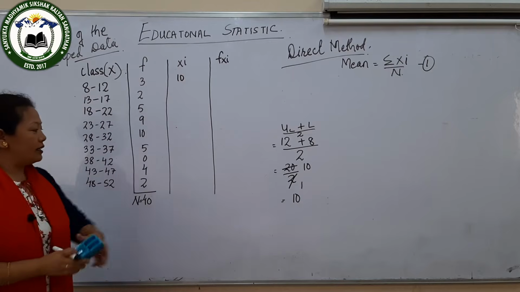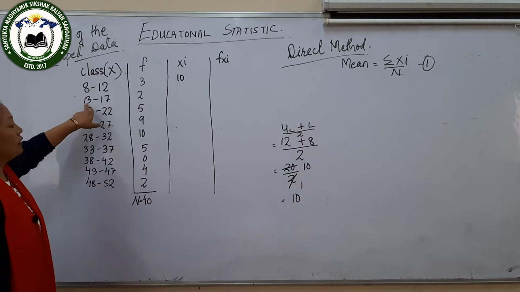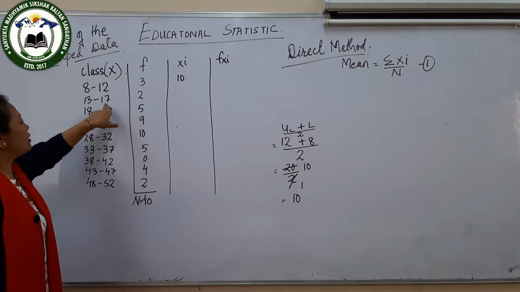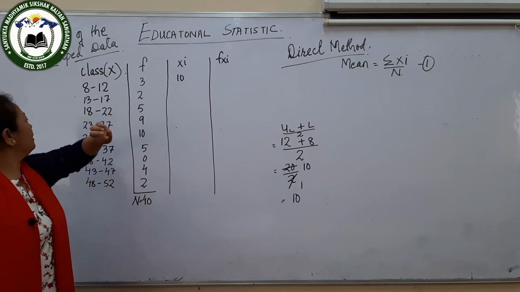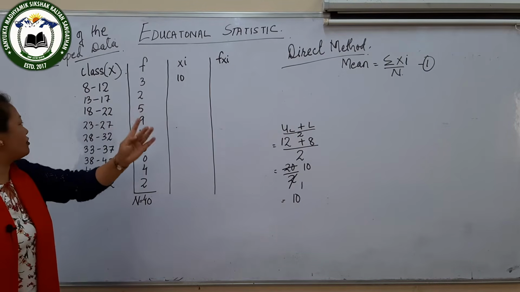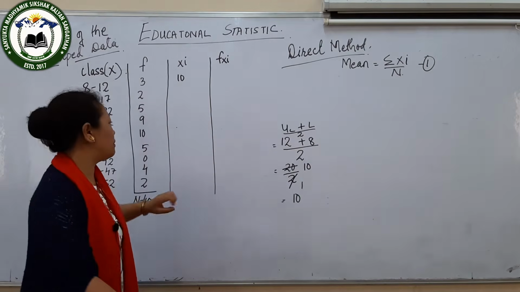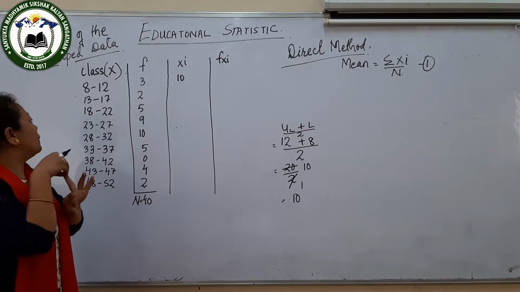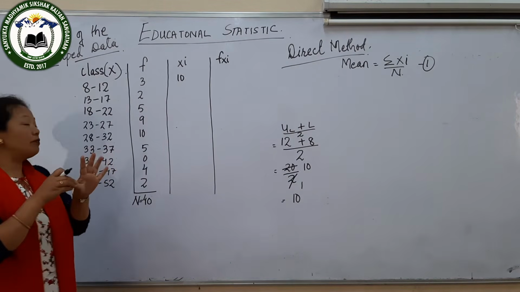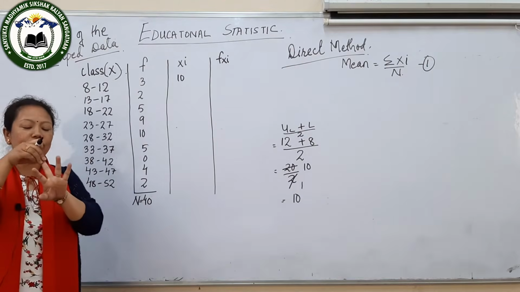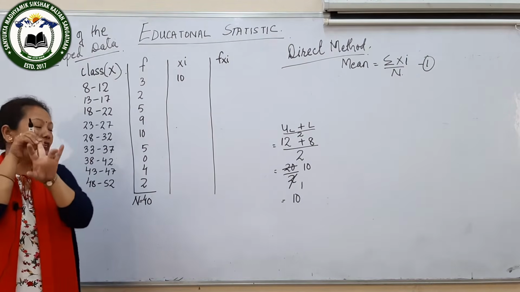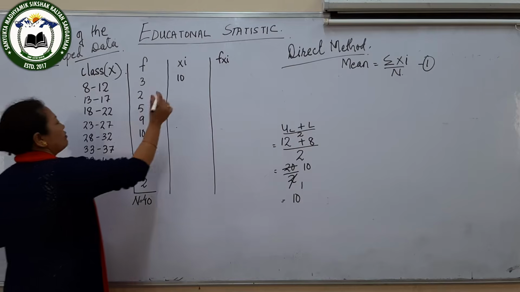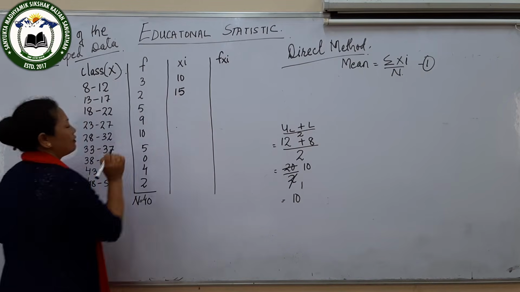Similarly, in the same way, find the midpoint of this group, that is 13 to 17: 13, 14, 15, 16 and 17. I hope you remember what I told you. The easy method is to find the middlemost number, so my midpoint is 15.